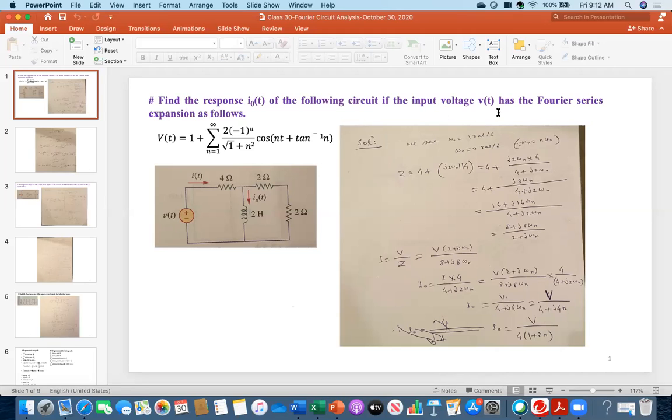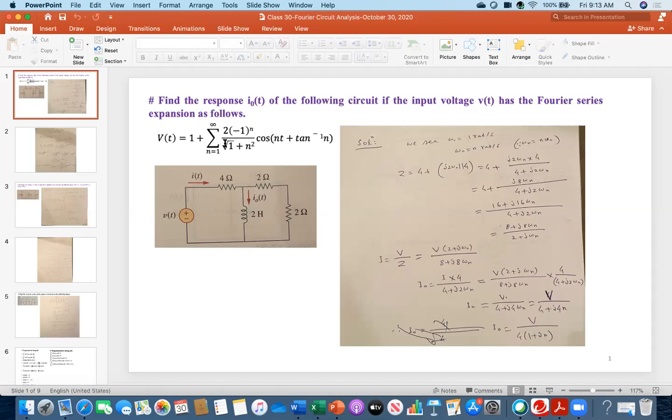If the input voltage v of t has the Fourier series expansion as follows, that v of t is 1 plus the sum from n equals 1 to infinity of this whole function applied here, then based on that, find i naught of t. What current is flowing through that 2 henry inductor? That's the question.